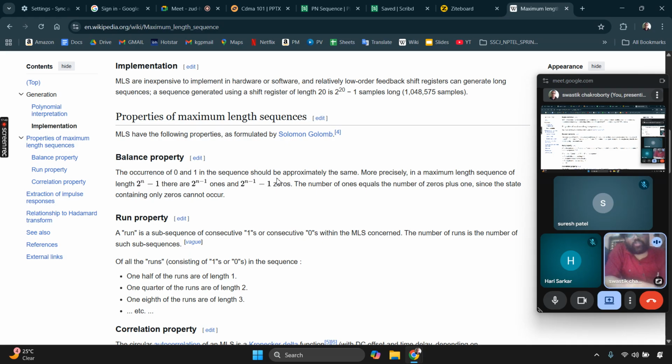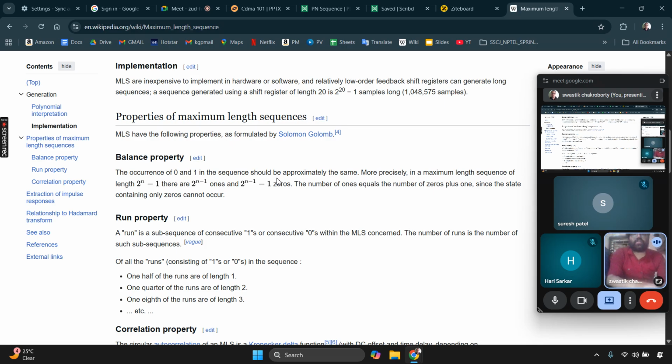In all of those 15 chips, each sequence will have 2^(n-1) ones and 2^(n-1) minus 1 zeros. That is, 2 to the power 4 minus 1 in our example, 2 to the power 3, 8. So 8 ones and 7 zeros. If you generate a 15 length sequence, it will have 8 ones and 7 zeros.